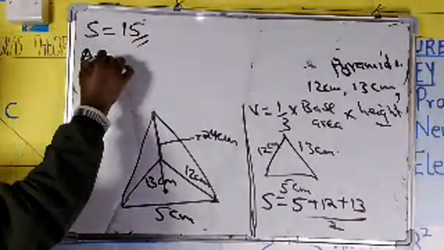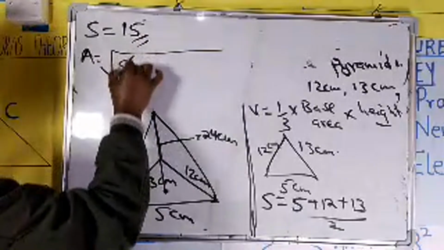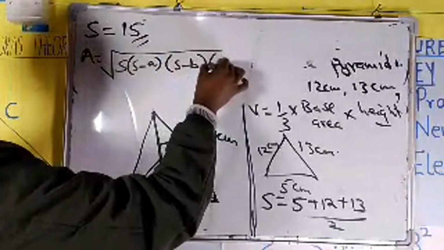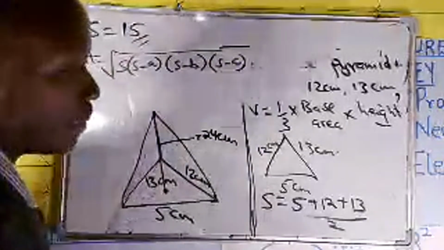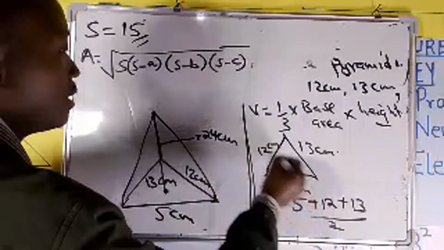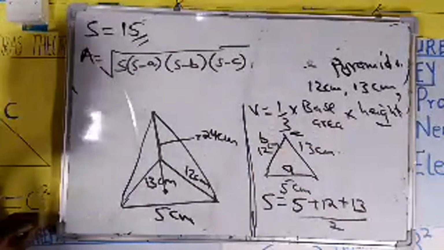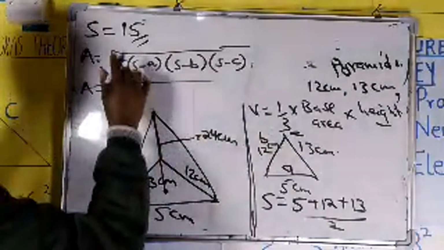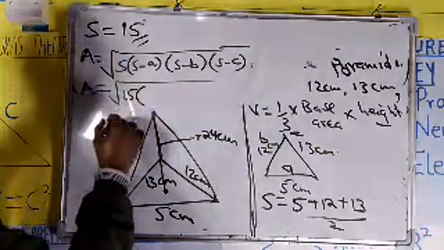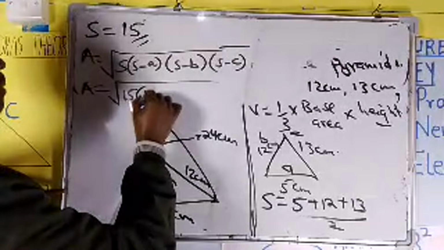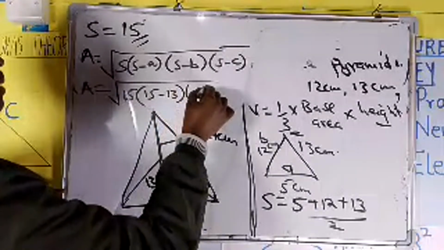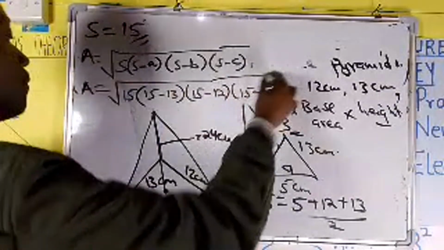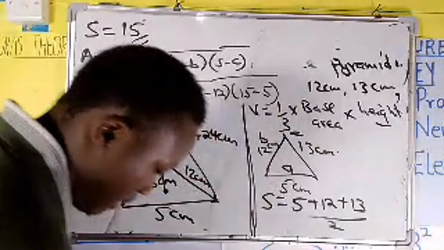Then area is the square root of S into bracket S minus A, S minus B, S minus C. So A, B, and C are these dimensions. So our area will be the square root of S, which is 15, into bracket 15 minus 13, 15 minus 12, and 15 minus 5.